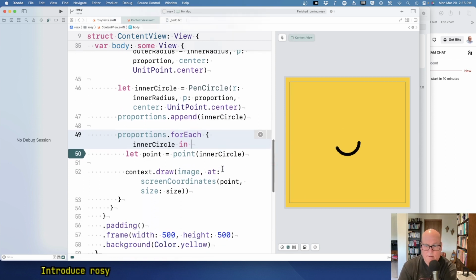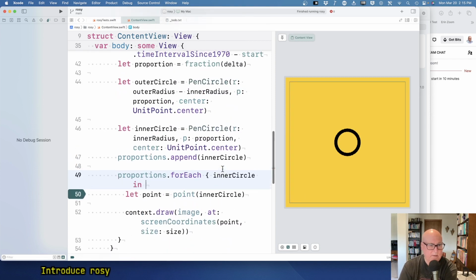Is that going to be right? Okay. But now each inner circle, when you add it in, his center should be outer circle center.